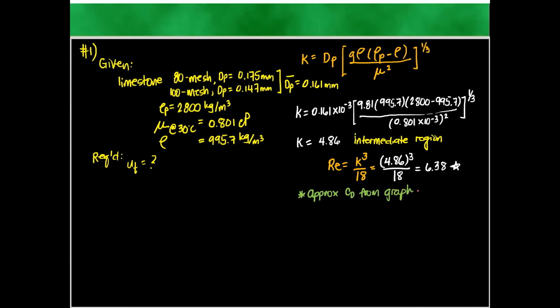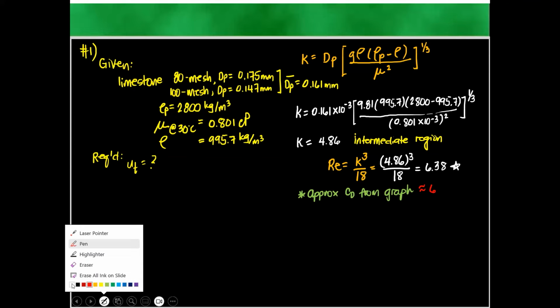So approximately 6. If it's approximately 6, let's solve for UT.